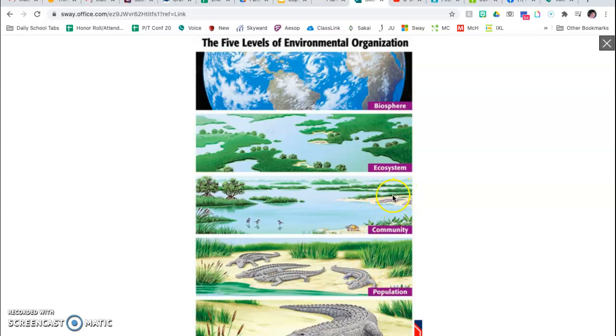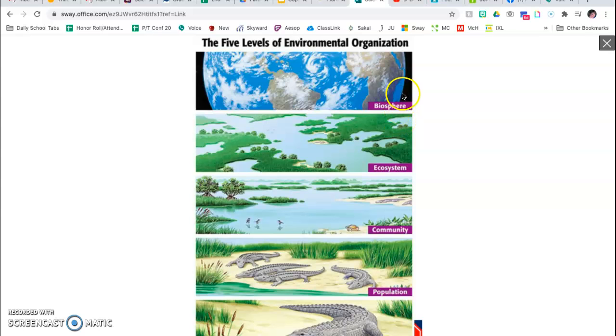Then those alligators live in a community with other things, such as turtles and birds, and you can't see them, but snakes and fish and all of the other living environments that are there, as well as non-living. All of these things make up what is called an ecosystem. So all of the living and non-living things is then in a larger ecosystem.